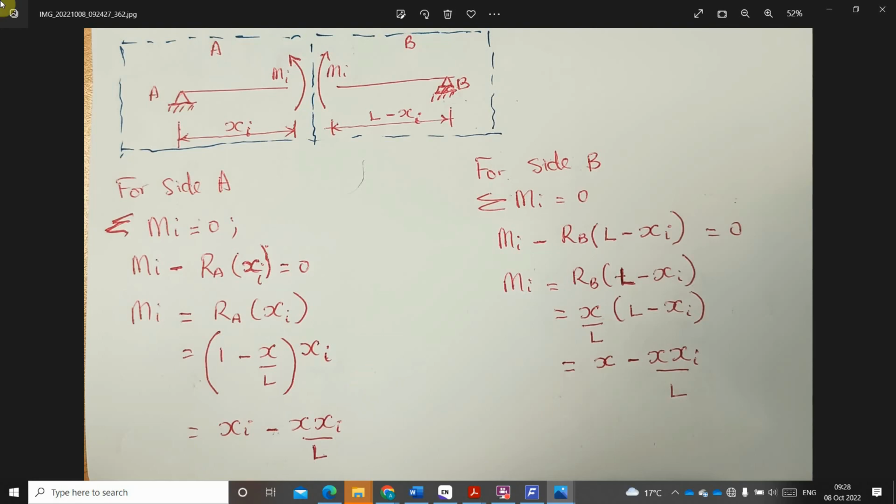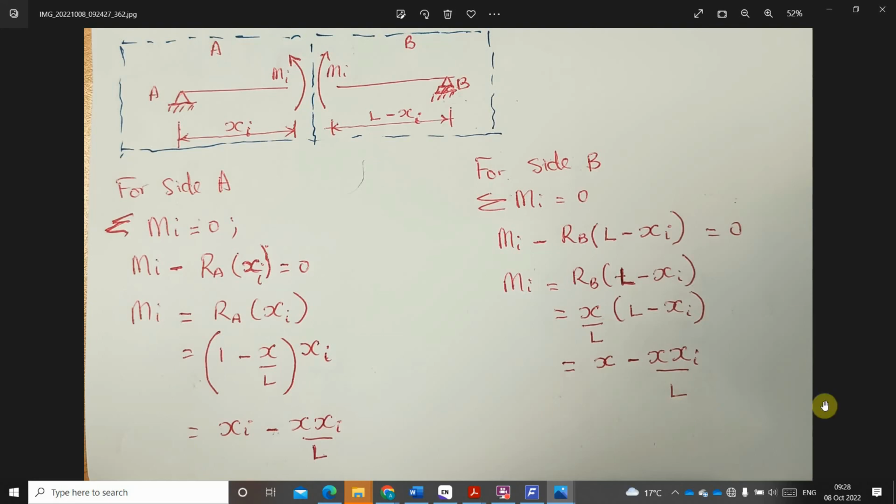Now if I put S equal to 0 for this particular one, I have xi, and if I put S equal to 0 for this, what am I going to have? I have 0. So this one will be almost unsolvable. So that is why we take this side of the moment diagram to draw this, and this side to draw this particular one.